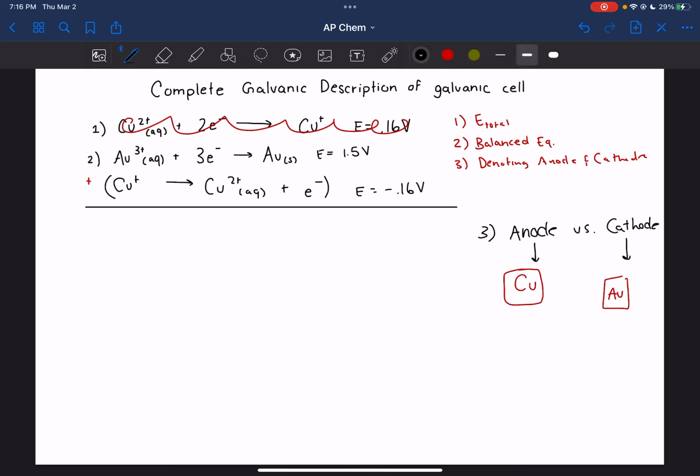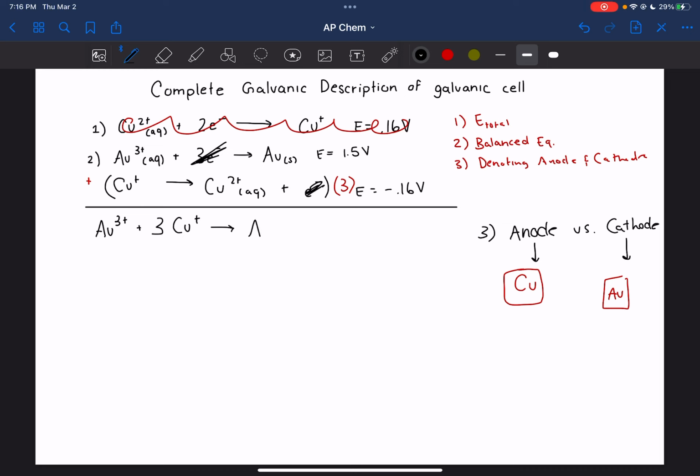In order to cancel this, I could simply multiply by 3 to get the electrons to cancel out. But then I have to distribute this 3 to everything. So I'm going to rewrite Au3 plus, the electrons are going to cancel, times 3. Then Cu plus times 3 will give you 3 Cu plus. Then you're done with the left side, and then you go to the products.